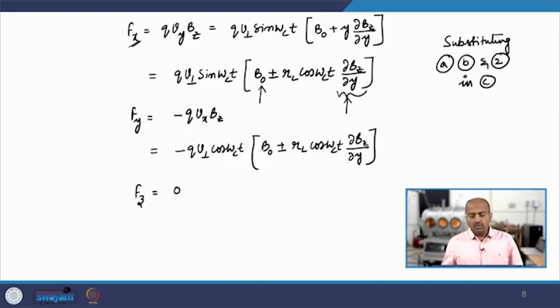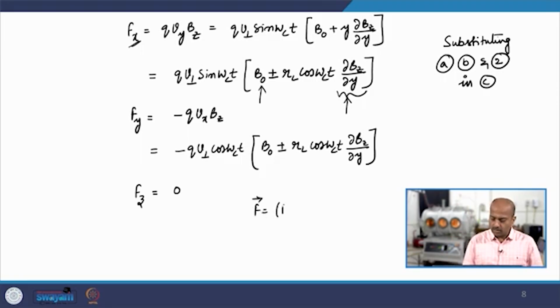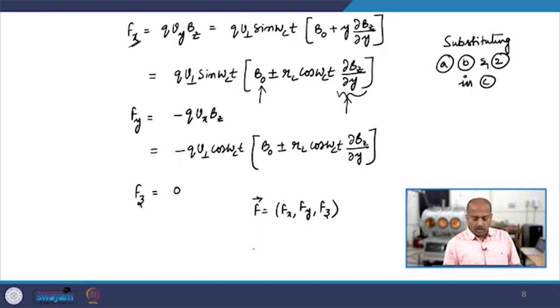Now, what we are interested to see is, if a particle is gyrating in one orbit, what will be the average amount of force that the particle experiences within one gyro orbit. So, if you write F, the force, as a non-zero force with components Fx, Fy, Fz, what we are interested to see is what is the average amount of force that the particle experiences in one gyro orbit, the moment it completes one gyro orbit.